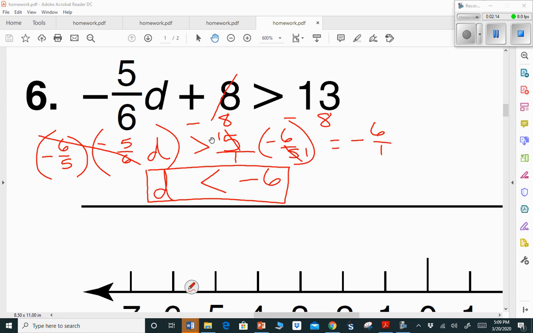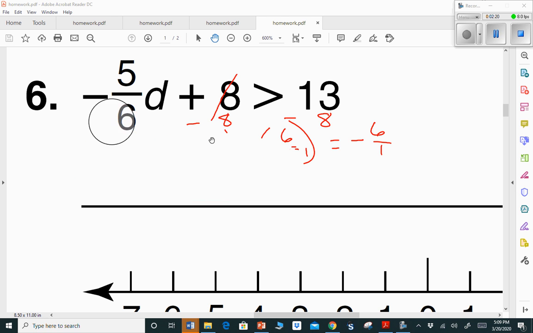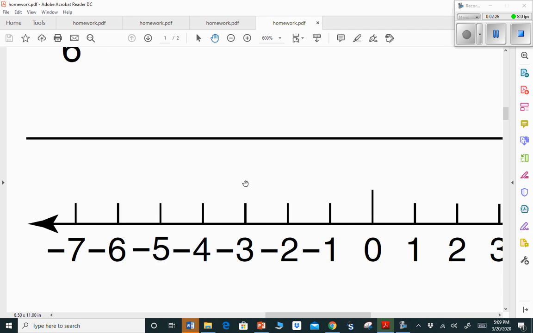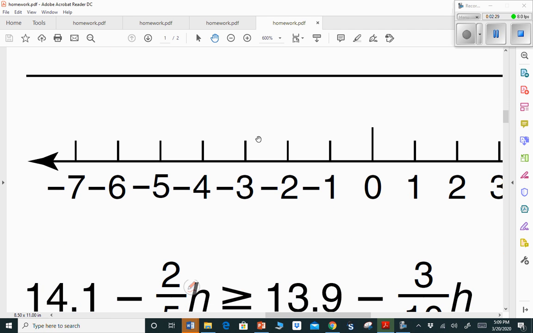Then let's go ahead and graph that thing. D is less than negative 6. I'm going to have to move some stuff around here. Let's put a circle on negative 6.